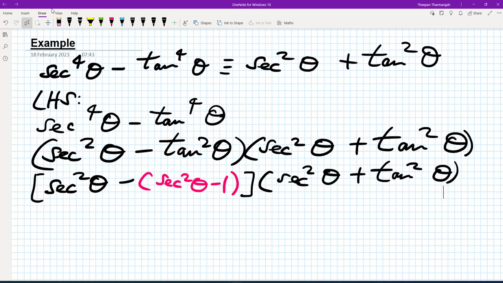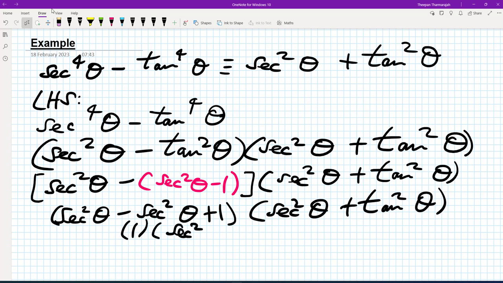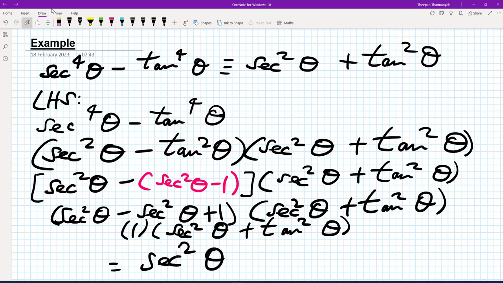And then what we get is sec squared theta minus sec squared theta plus 1 times sec squared theta plus tan squared theta. And that gives me the following, which is the right hand side.